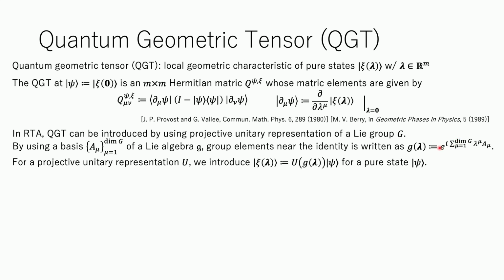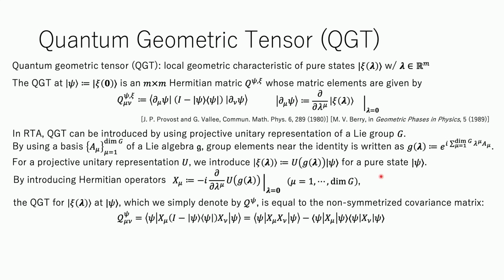And then with the projective unitary representation U, we can introduce a parametric family of pure states. By using the Hermitian operators defined by differentiating the unitary representation, we can obtain the quantum geometric tensor, which we will denote Q_ij(psi). And this is shown to be equal to the non-symmetrized covariance matrix for these operators.